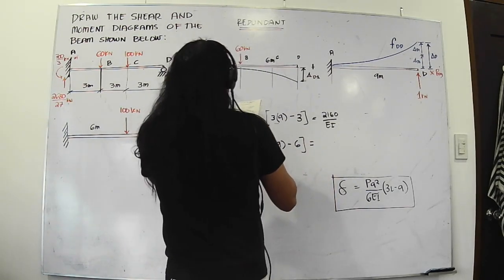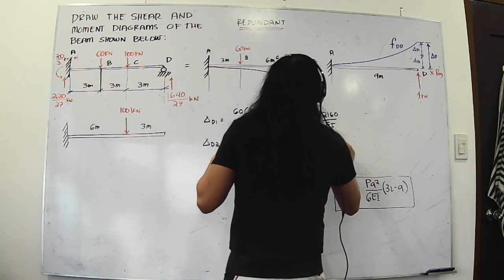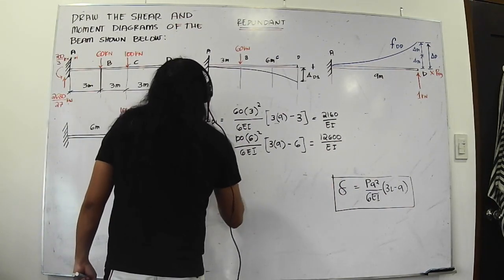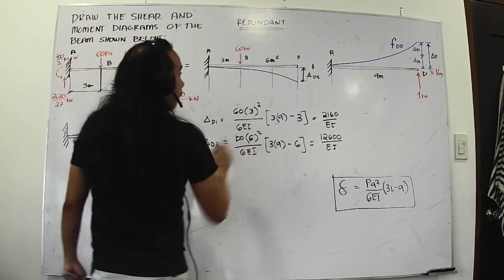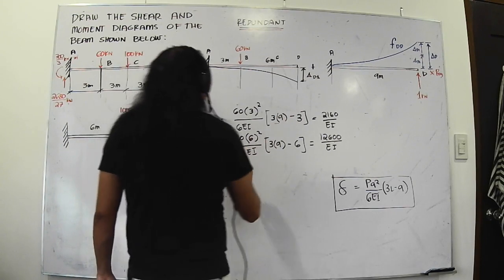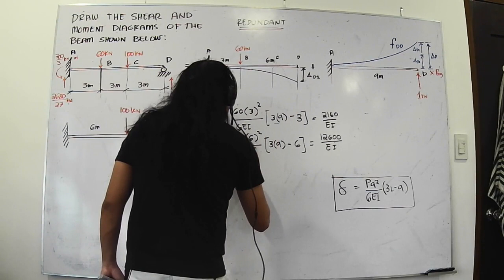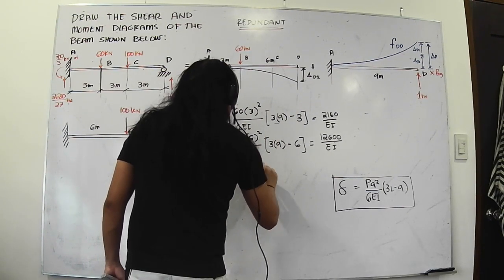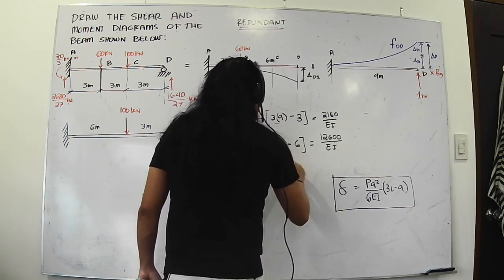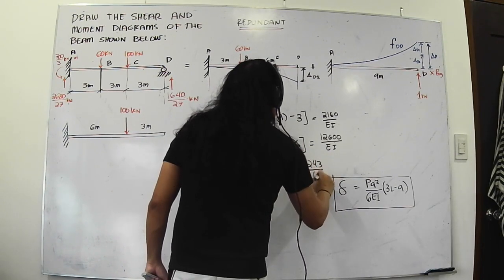That should equal 12,600 over EI. Again, with P and A equal to 9, squared over 6EI multiplied by 3 times 9 minus 9. That should equal 240 over EI.